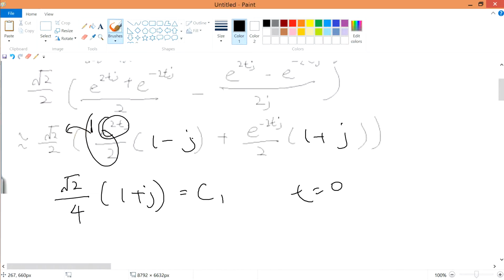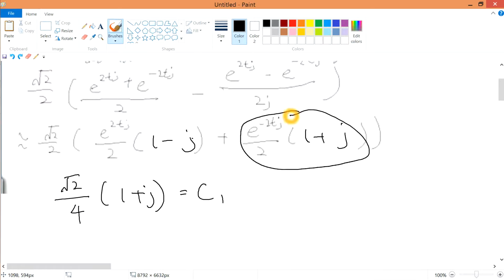So half times this thing, it becomes here. So this is how they actually solve things. In fact, this is for this case, okay? This one times, because they factorize out now. This is for C1.